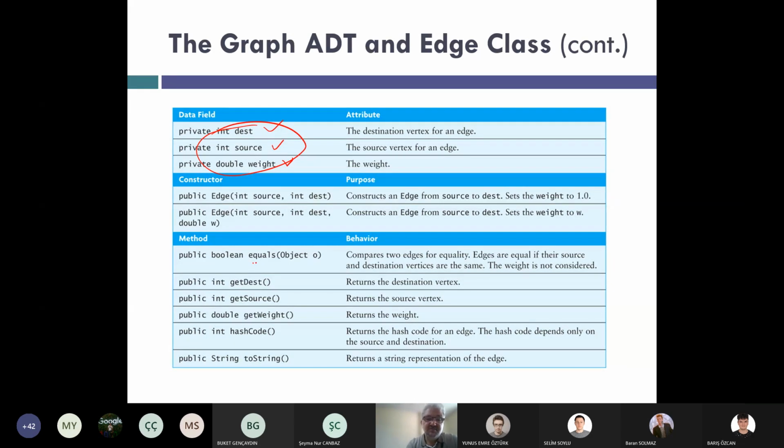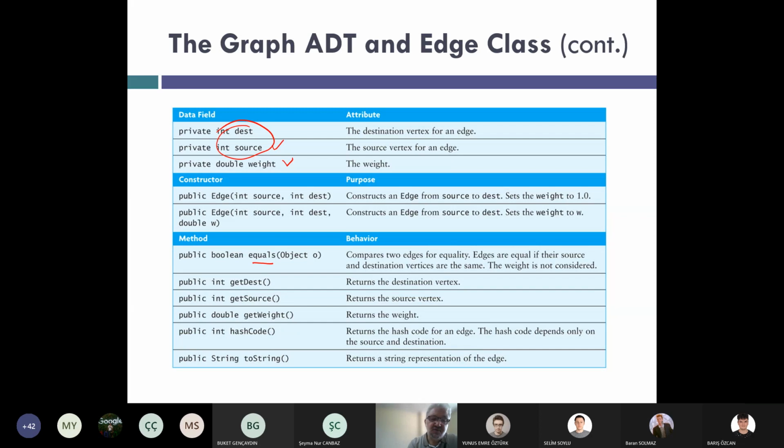This method will compare 2 edges, whether they are equal or not, and use source and destination values to check whether 2 edges are equal or not. The weight doesn't matter for equivalence.